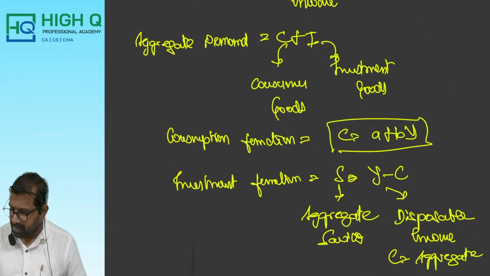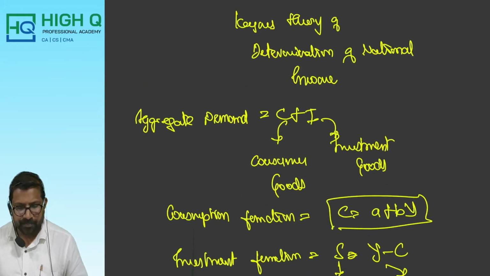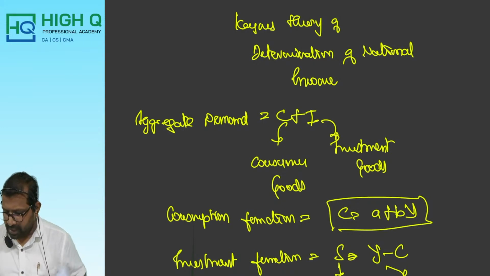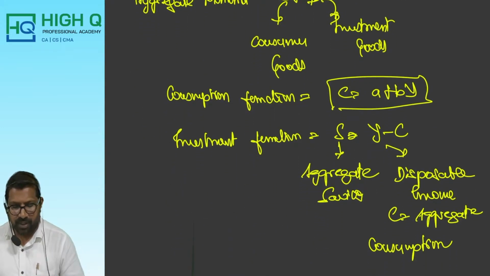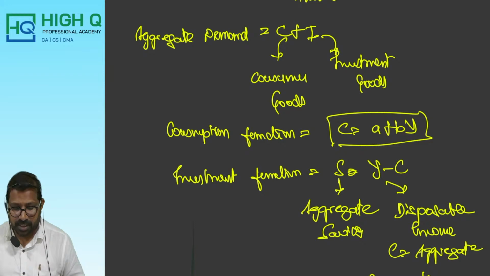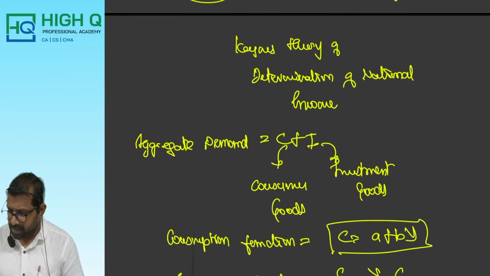Now just see, under this Keynes theory of national income, the theory is nothing but employment as well as income. Three models are presented under this concept.